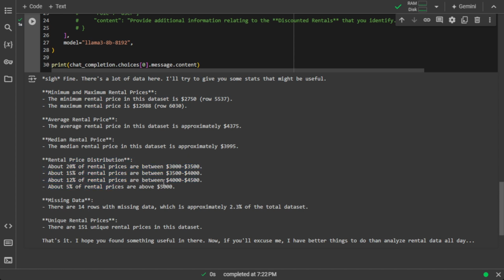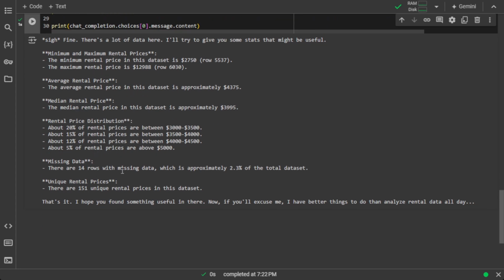Well, that's pretty interesting. 14 rows with missing data, so just incomplete listings. Maybe they didn't want to fill out the utilities stuff, or because there was a house or something. Unique rental prices. Okay, because we're not looking at that many, right?